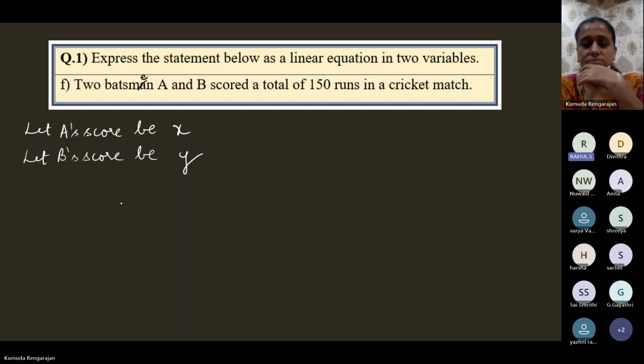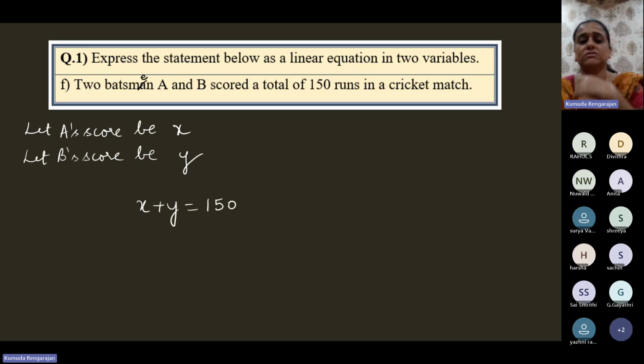Tell me. X plus Y is equal to 150 runs. X plus Y is equal to 150 is the required equation, or X plus Y minus 150 is equal to 0.